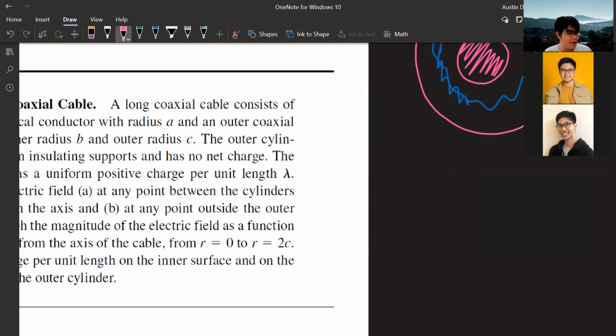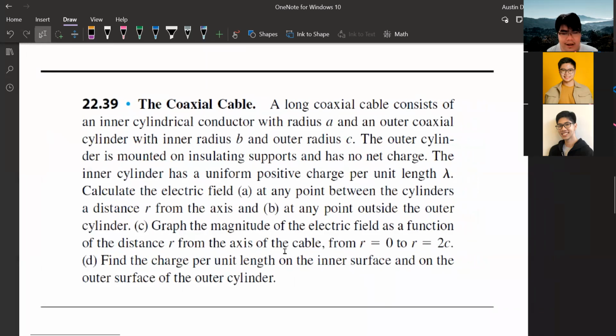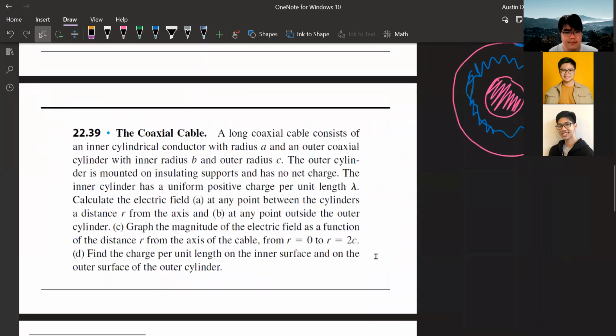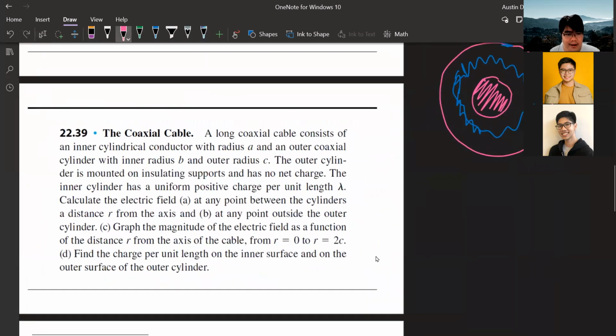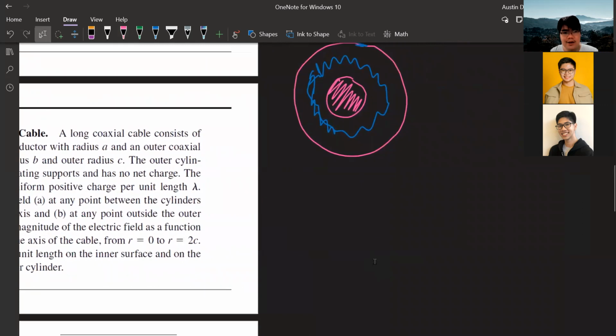Okay, let's solve this example. Very good. Thank you, thank you. Ayan. For A, ang gagawin natin would be at any point between the cylinders at the distance r from the axis. Kung titingnan natin yung axis view, this is your solid cylinder.